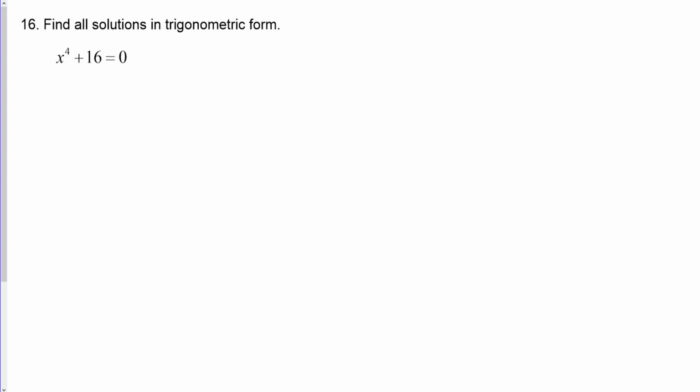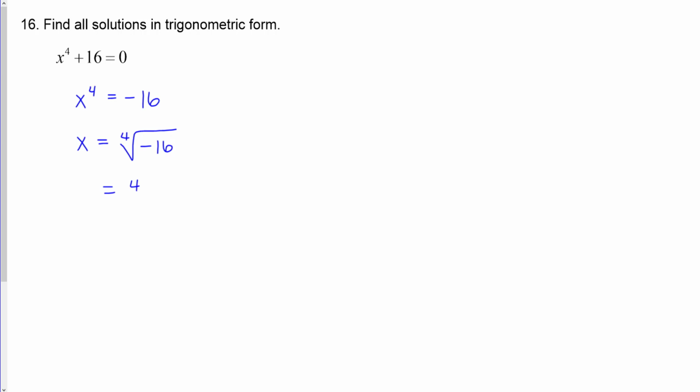Number 16. Find all solutions in trigonometric form. So what we're trying to solve here is essentially x to the 4th equals negative 16, which means we would need to take the 4th root of negative 16, which is a little bit tricky because of the negative underneath the root. Now, in order to do it, what we have to do is switch this into the trigonometric form.